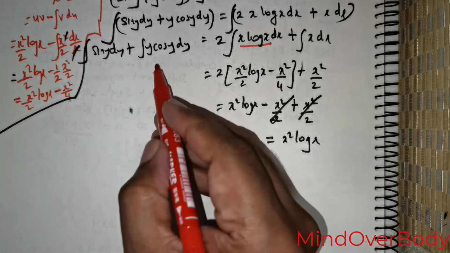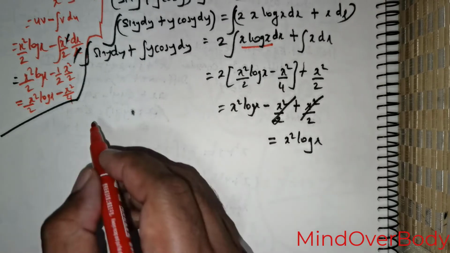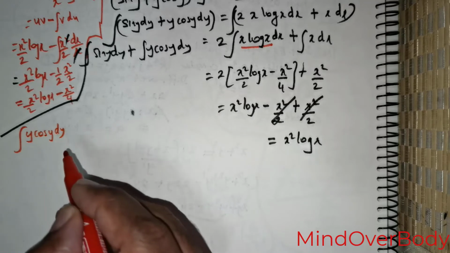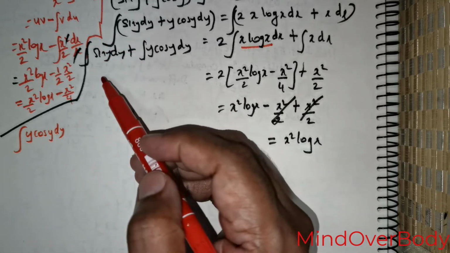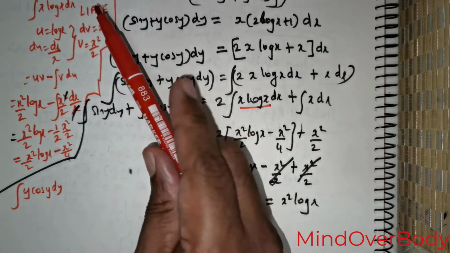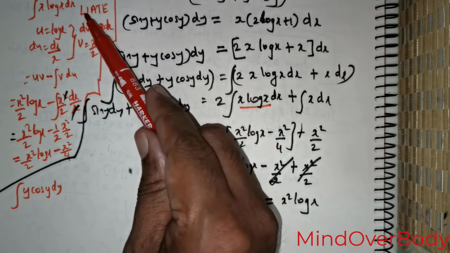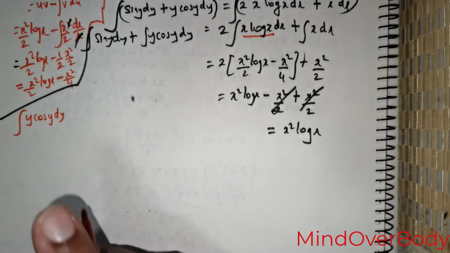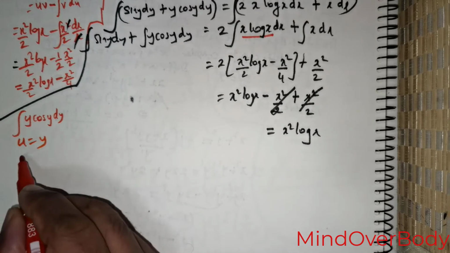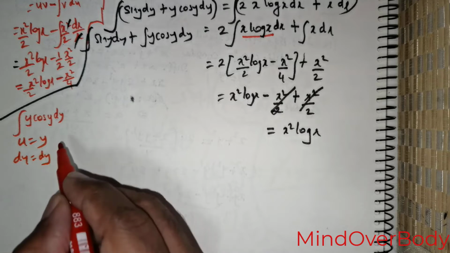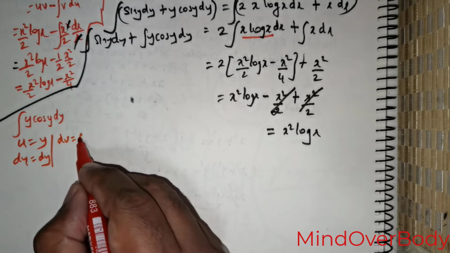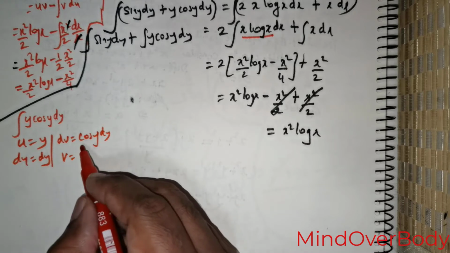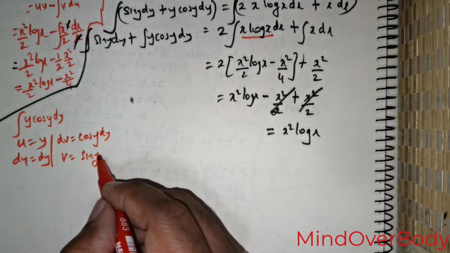Now you can clearly see that this is integral y times cos y dy. So let me perform that over here. Using the rule, you have logarithmic, inverse, algebraic. So this is algebraic, so I'm going to take u equal to y, and du equal to dy, and dv is cos y dy, and when I integrate this, v will give me sin y.